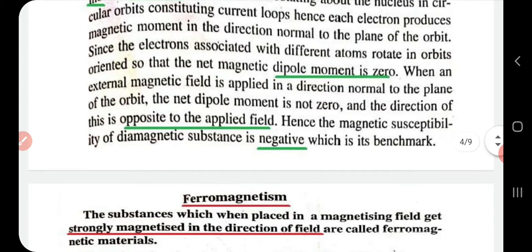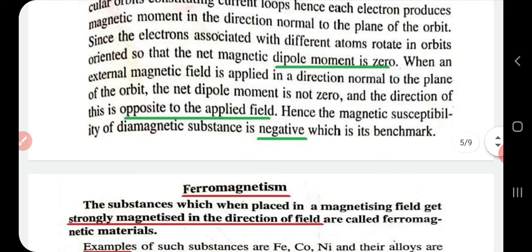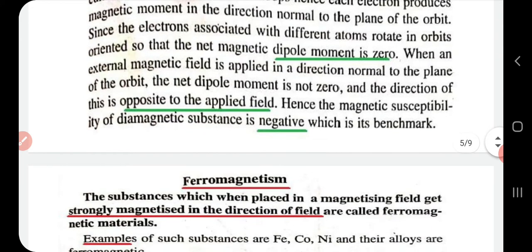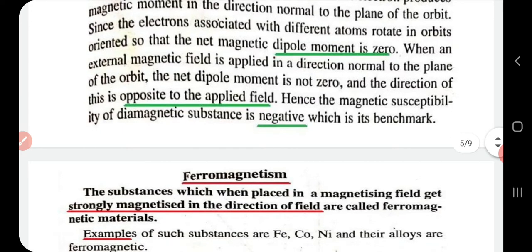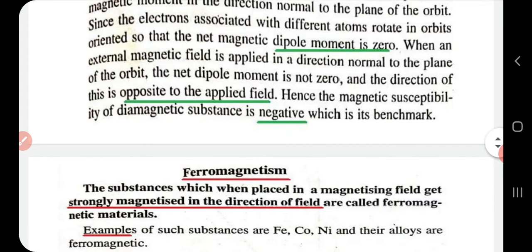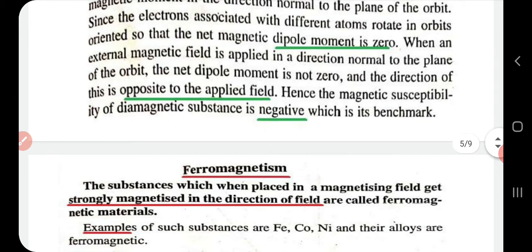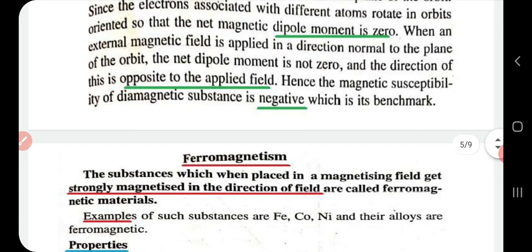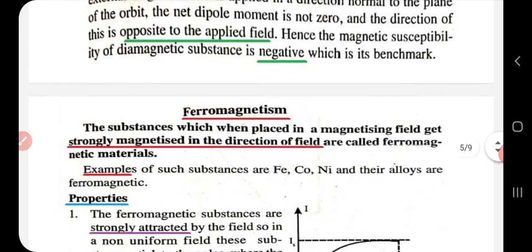So when we apply a magnetic field externally in a direction normal to the orbit, the net dipole moment is not 0. Instead, it will have a dipole moment whose direction is opposite to that of the applied field. So this diamagnetic susceptibility, as we already said, chi, is always negative.